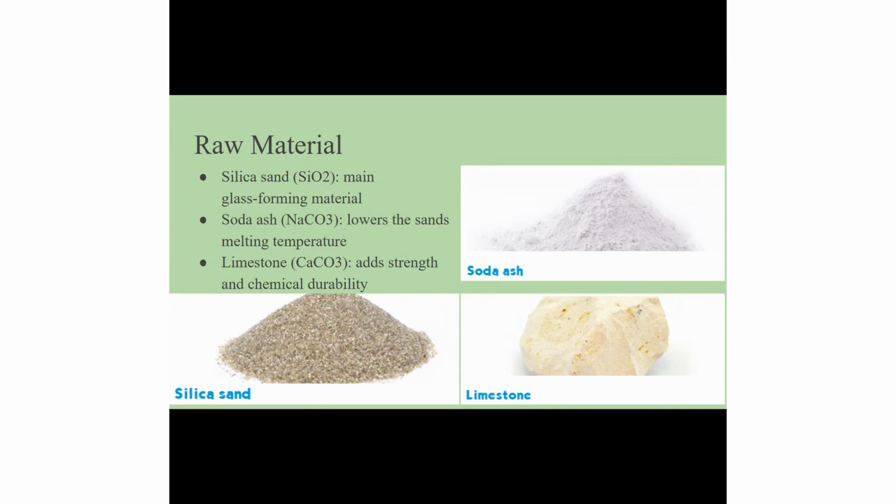So soda ash is added to that to lower the melting temperature, making the process more energy efficient so they don't have to use such high heat. Lastly, limestone is added to improve durability, strength, and chemical resistance of the final product.